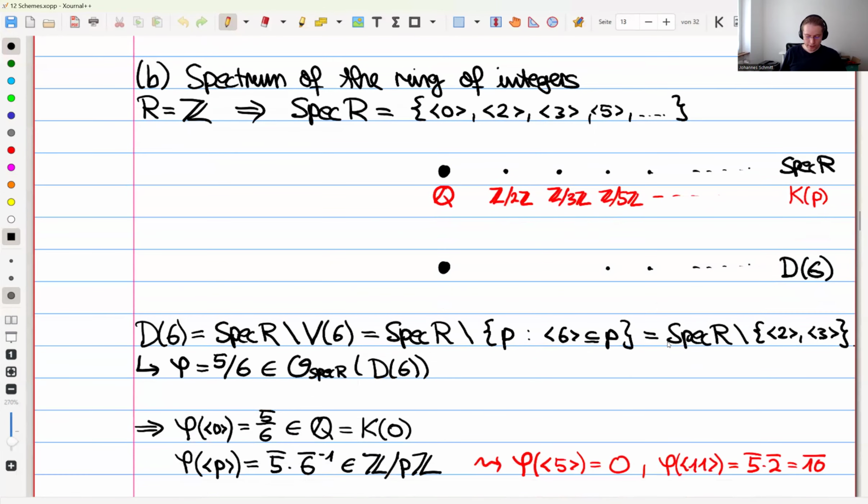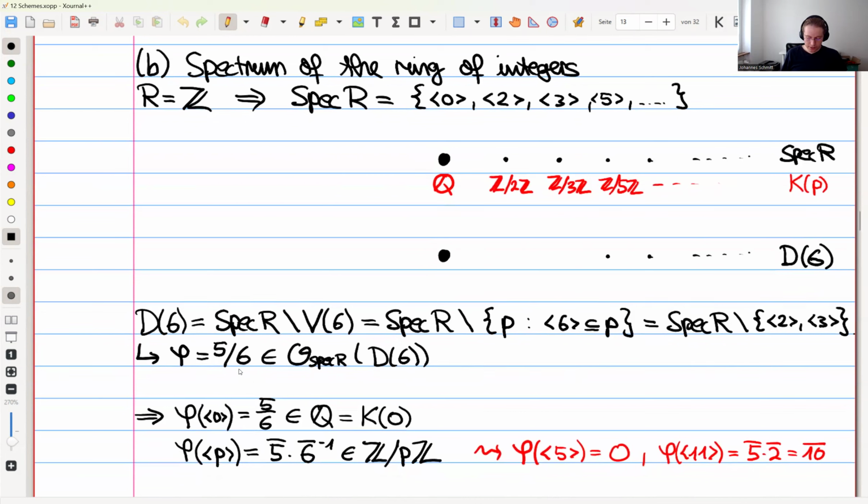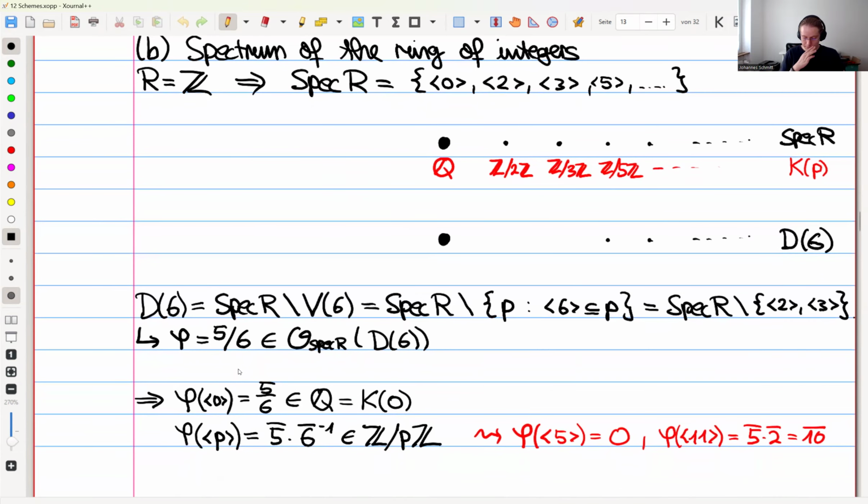And then we can also write down a function now on this open set. And the function that we can take is, for example, 5 divided by 6. That's a perfectly good function because we divide by some power of 6. And then we can see what it means to evaluate this function at various points. Well, it basically just means making sense of this in the field associated to this point.